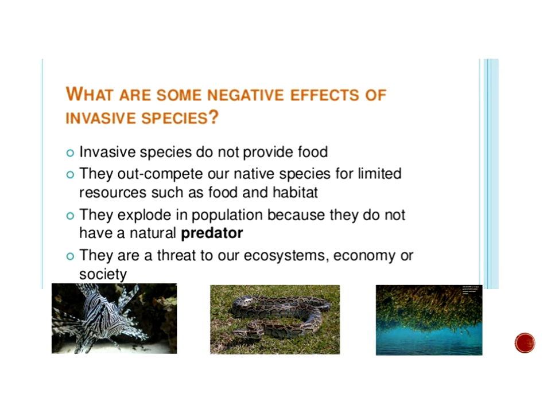They explode in population because they don't have anything hunting them and keeping their population in check. And they are usually a threat to our ecosystem's economy or society, because they are harming the other organisms in the ecosystem, or possibly even harming movement of traffic and things like that, as can be seen with the hydrilla.